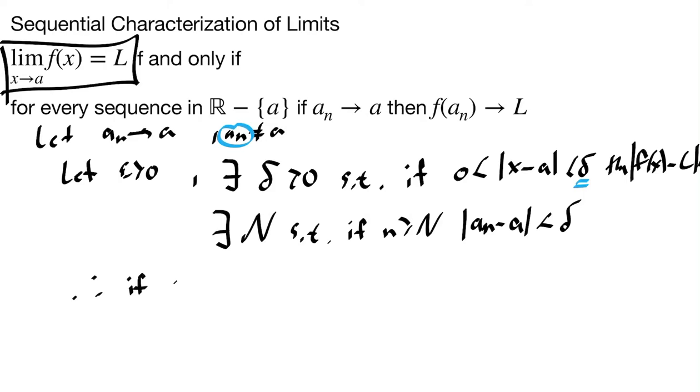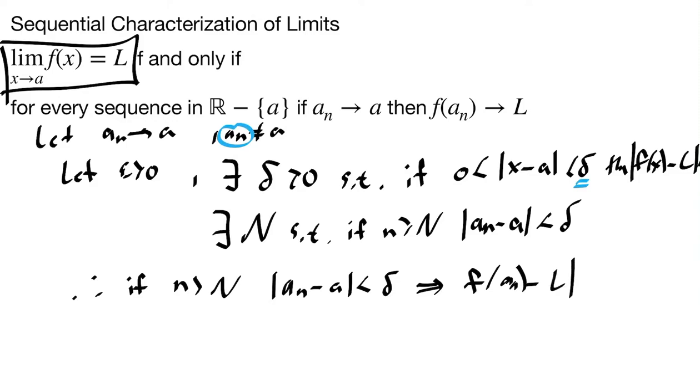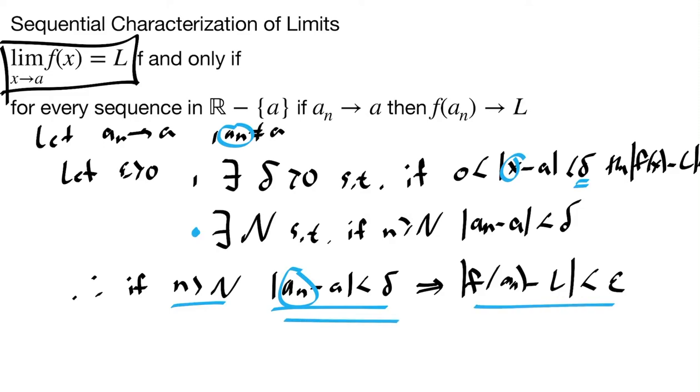Therefore, if n is greater than capital N, |a_n − a| < delta, which implies that |f(a_n) − L| < epsilon, because now this a_n is taking the place of x in that statement. The first implication comes from this theorem, and the second comes from this assumption. So you can see that |f(a_n) − L| must be less than epsilon. So the sequences definitely converge.